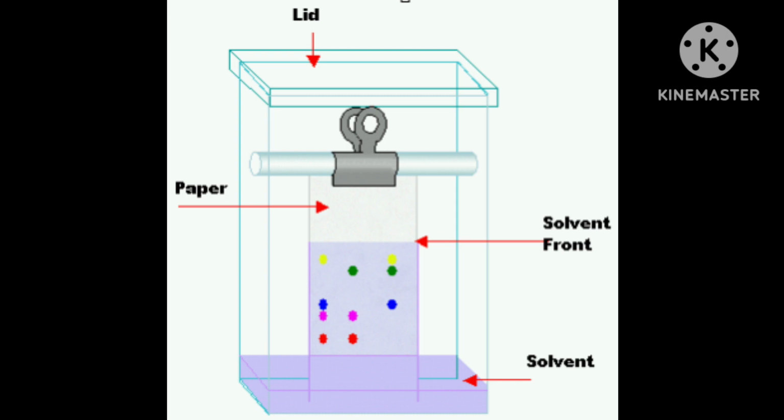You will take a glass plate, and on that the adsorbent will be coated, which is the stationary phase.